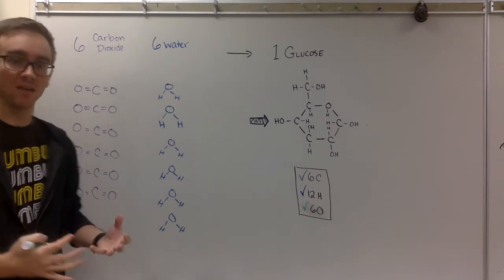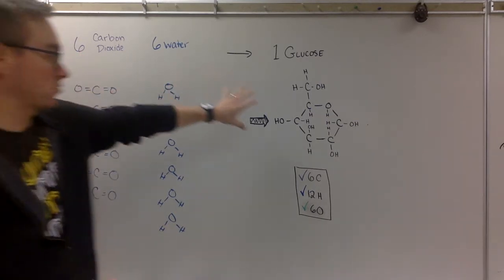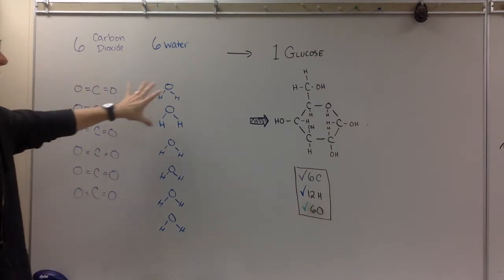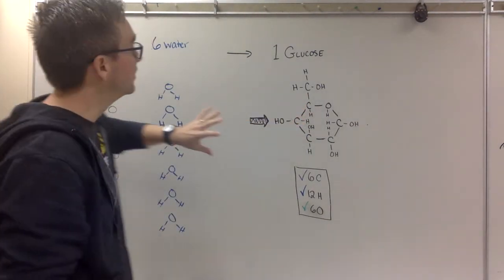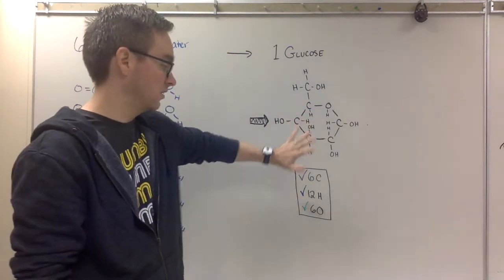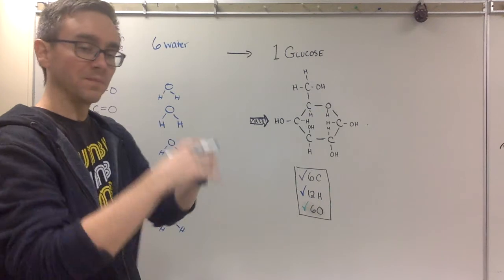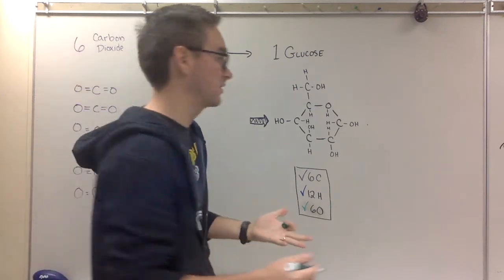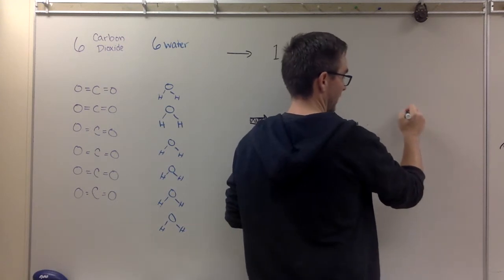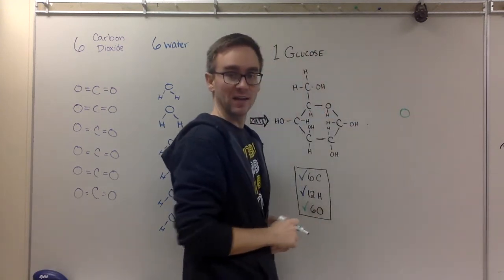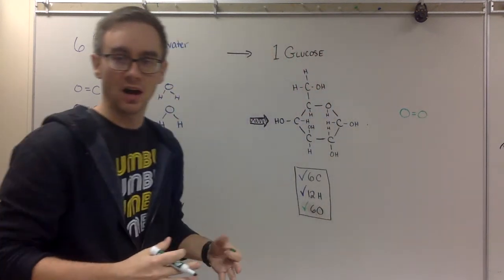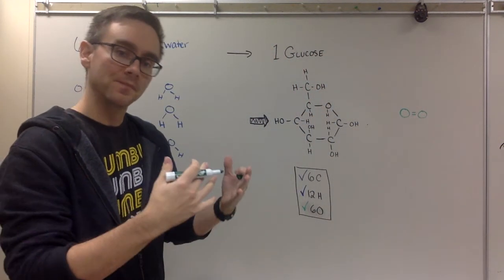The law of conservation of matter says if I end with 6 carbons, I had to start with 6 carbons. If I start with 12 hydrogens, I have to end with 12 hydrogens. And if I start with 18 oxygens, I have to end with 18. Only 6 of them have been used. Oxygen is what we call a diatomic molecule, which means it always bonds to itself. So an oxygen is never going to just be by itself. It will double bond to another oxygen. So there's 2 oxygens right there.